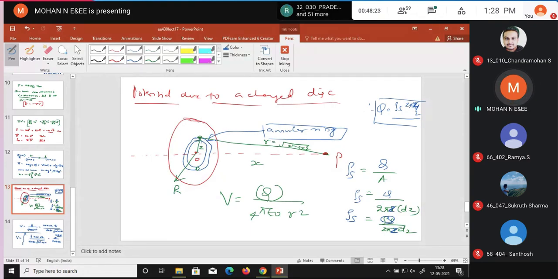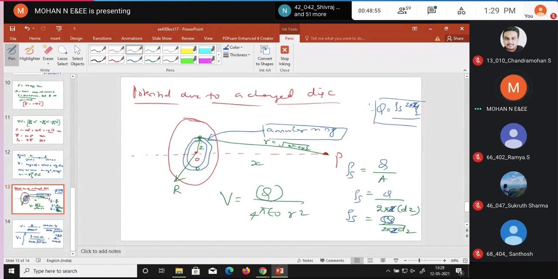What you can expect in these topics: the derivation for electric field in terms of potential, energy stored in the electrostatic field, and work done expressions.